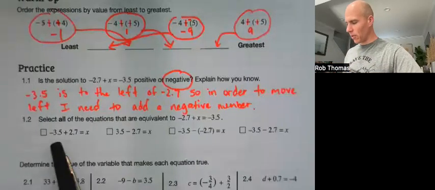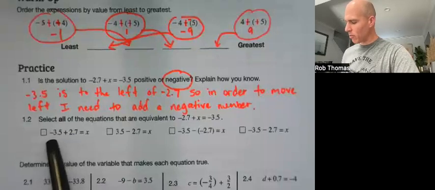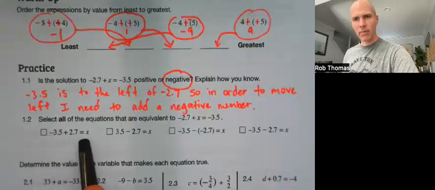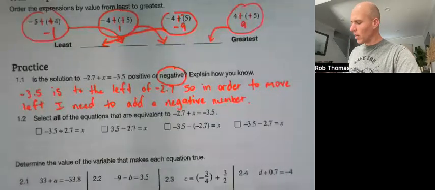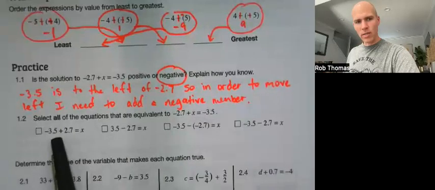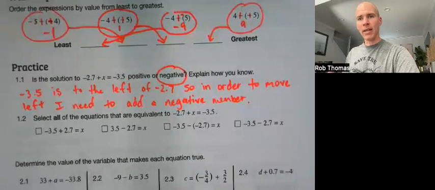So let's look at this first one. This one says negative 3.5 plus 2.7 equals x. Could we go from this equation, the one they gave us, to this one using a valid solution step or a valid property of equality?